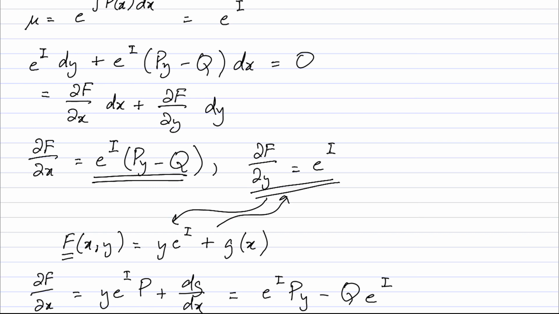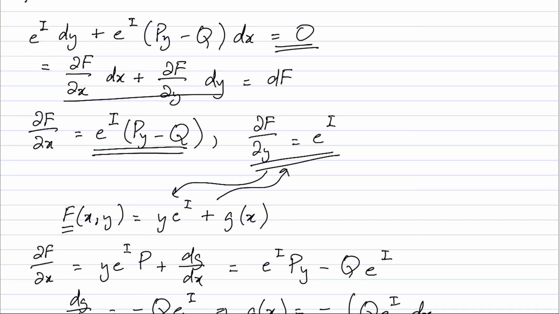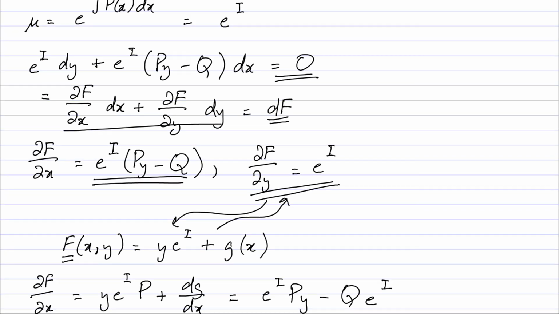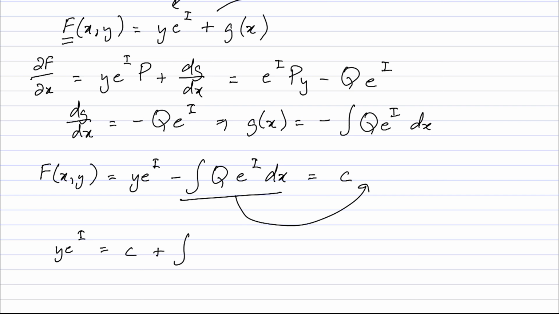going back, this thing is equal to dF, and that in turn is equal to 0, remember? So that just means that capital F has to be equal to a constant, such that this differential is equal to 0. Then I can just bring this thing to that side, and I have that y e raised to power I is equal to c plus the integral of q e raised to power I dx.